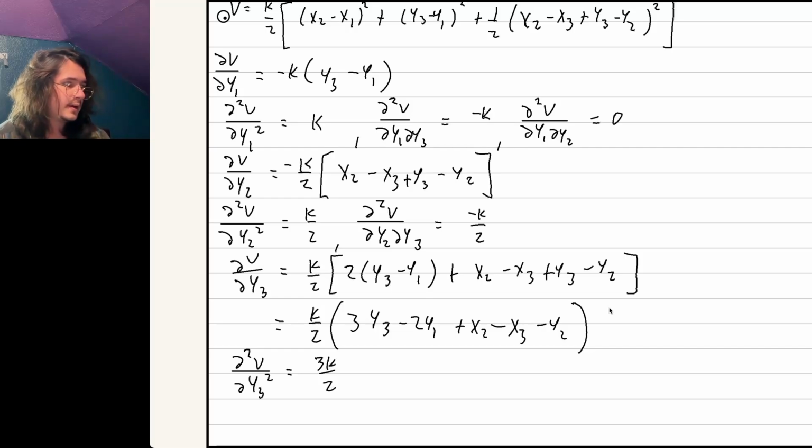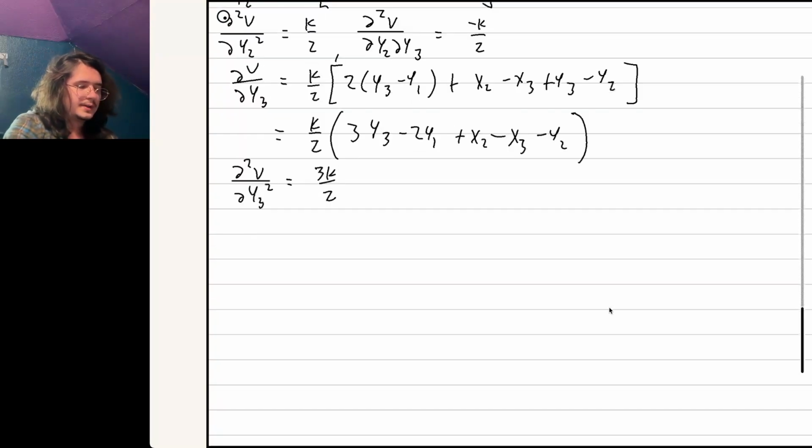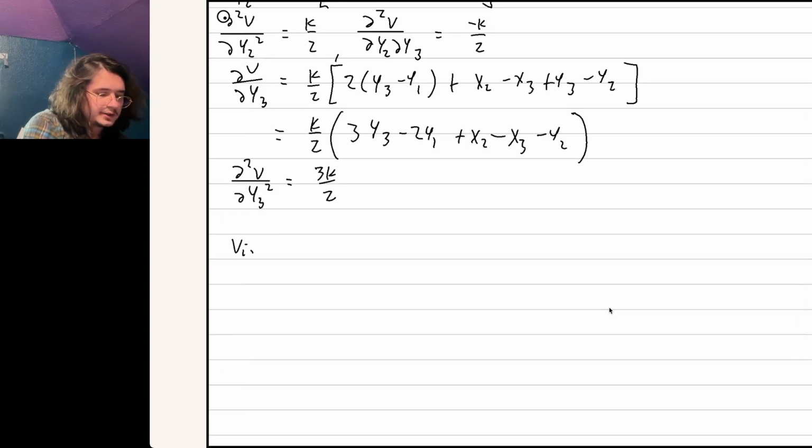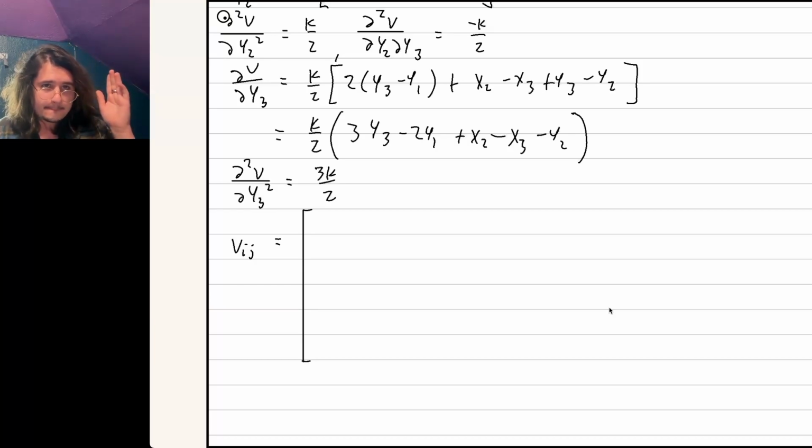So let's do the matrix Vij. The way I'm going to do it is I'm going to do x1, y1, x2, y2, x3, y3 going across and down, right?